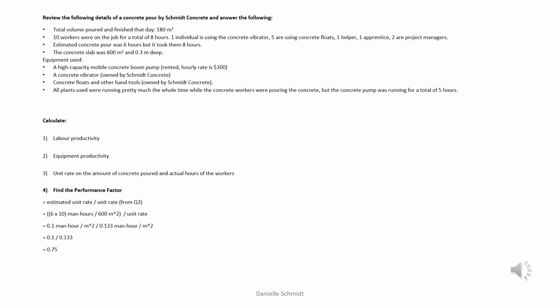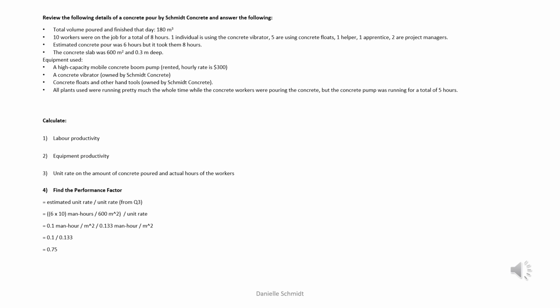So now we're just going to calculate the estimated unit rate. We have it that it was going to be an estimated 6 hours to complete the pour with 10 workers on site. And how big is the pour? The pour is 600 square meters. We are then going to divide that by the unit rate. So we end up with 0.1 man hour per meter squared divided by 0.133 man hour per meter squared.